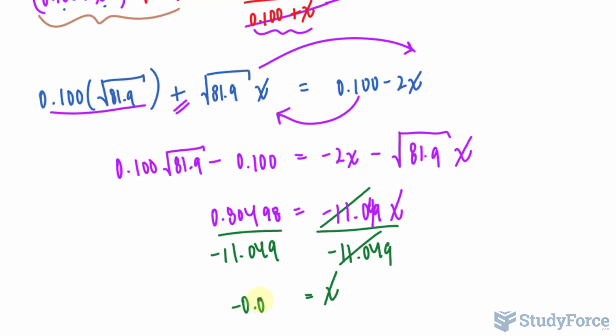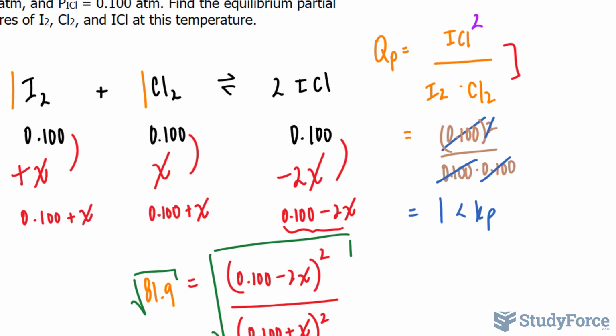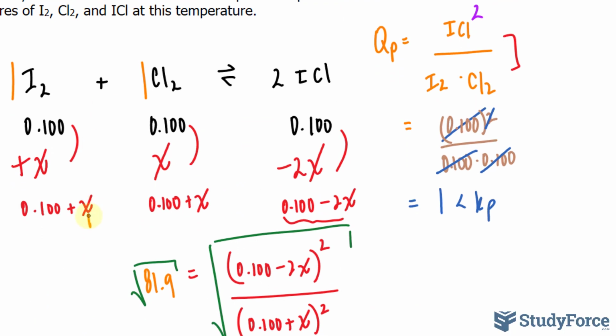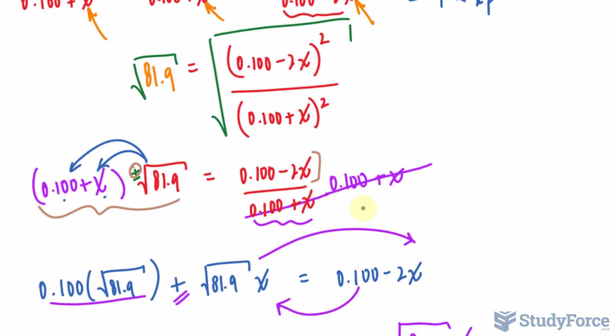Now, normally this is something to panic about because negative x values often give us the impression that the answer is wrong. But let's see what happens if we substitute this value into x here, here, and here. If all of our numbers come out positive, then by choosing the positive version of the square root of 81.9 was the correct one to choose.